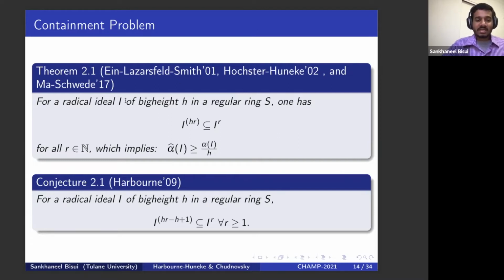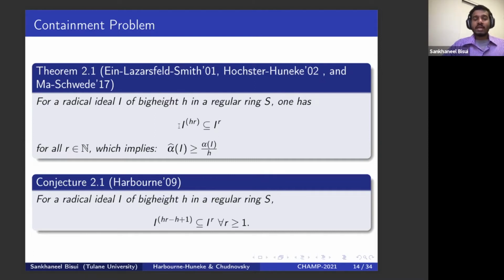Now, the first theorem stated here is a really interesting result, which was proved in different works by Ein, Lazarsfeld, Smith, and Hochster, Huneke, and Ma, Schwede. They proved that if we take a radical ideal with big height h inside a regular ring, then the hr-th symbolic power of the ideal sits inside the r-th ordinary power of the ideal. And that happens for every r inside the naturals.